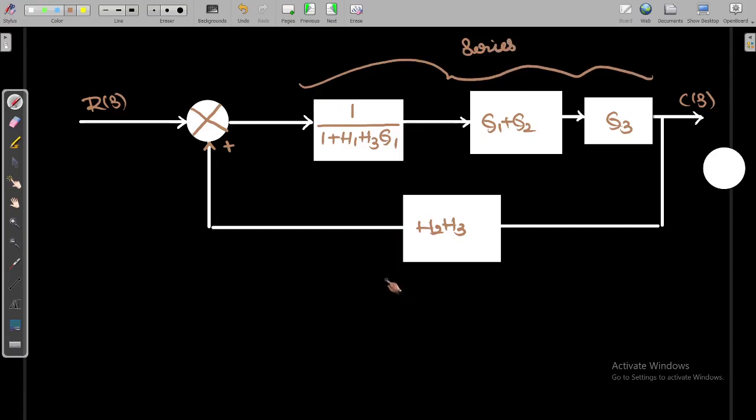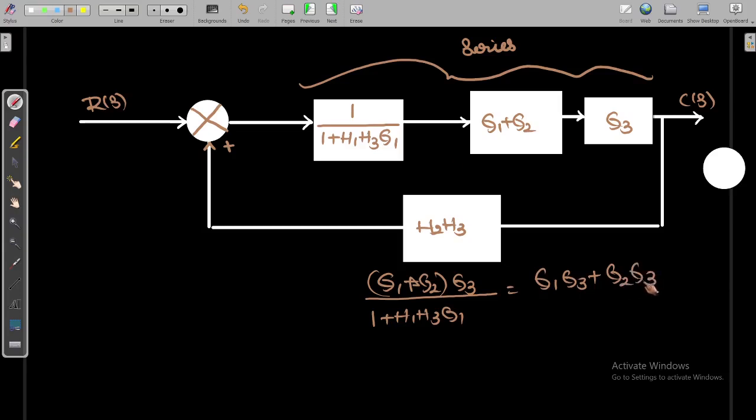It is G1 plus G2, into G3, whole divided by 1 plus H1 H3 G1. This is in series because they are all connected in series. If you simplify more, that is G1 G3 plus G2 G3 whole divided by 1 plus H1 H3 G1.